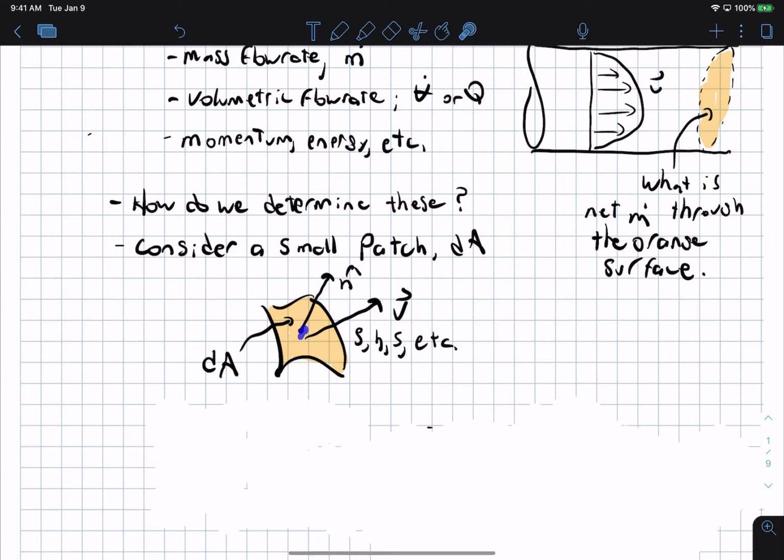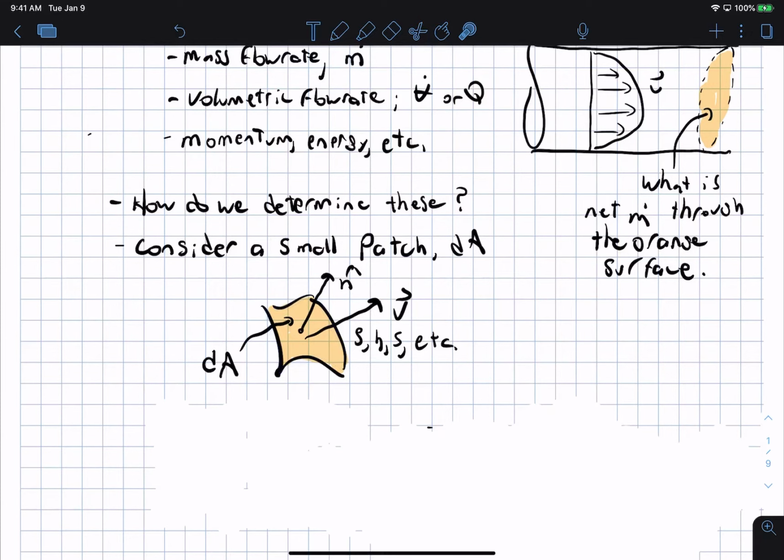The surface has some normal n hat right there, and we have the fluid velocity flowing at some velocity v, and along with the fluid, it's carrying its density, some enthalpy, entropy, etc. So how do we determine the net flow rate of density, entropy, enthalpy, energy, etc. through this small differential patch, dA?